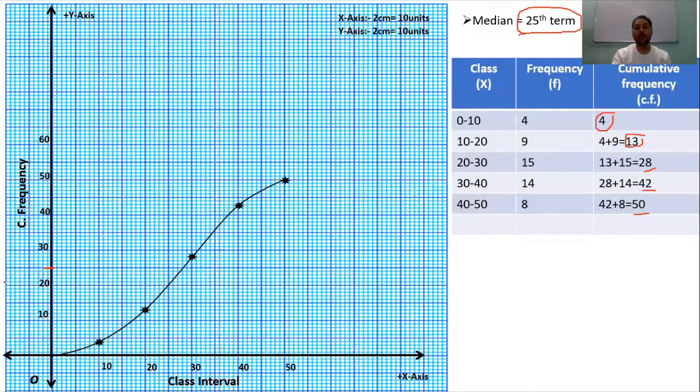Now from this 25, make a straight line which meets the cumulative frequency curve at this point. When we have this point where it meets, drop another line from this. This is the point where this line meets the x-axis. So this will be your median.